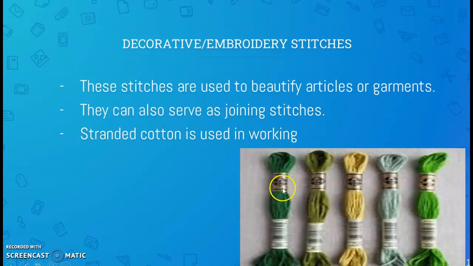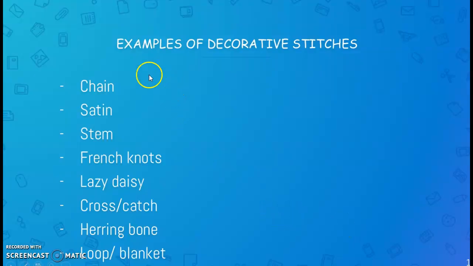This is a picture of stranded cotton. You have them in different colors. Examples of decorative stitches are chain, satin, stem, French knot, lazy daisy, cross stitch, herringbone, loop or blanket.